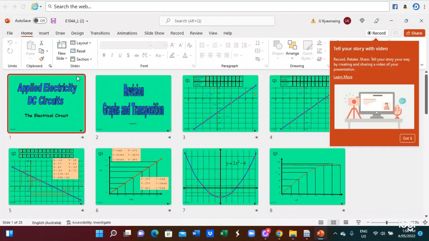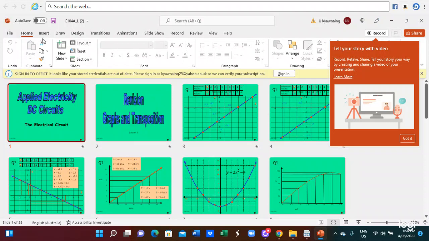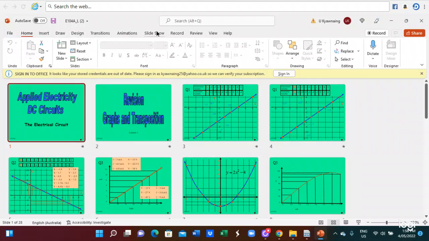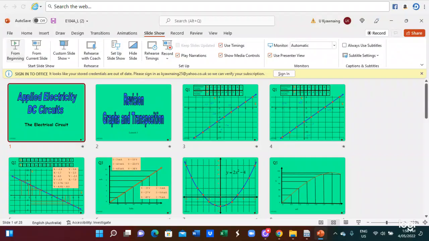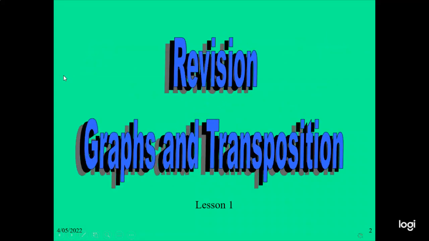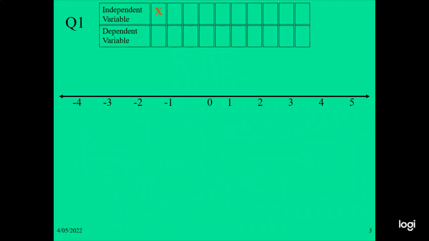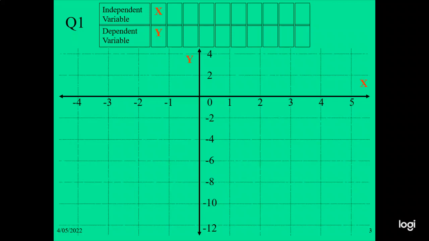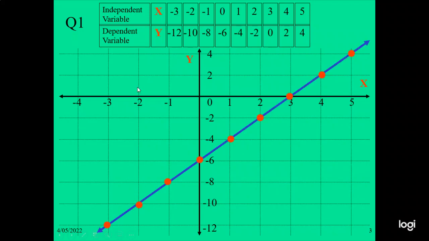We also talk about how it applies to electricity. We're talking about the electrical circuit. We talk about the graph of dependent and independent variables, and we draw this graph for the dependent and independent variable.